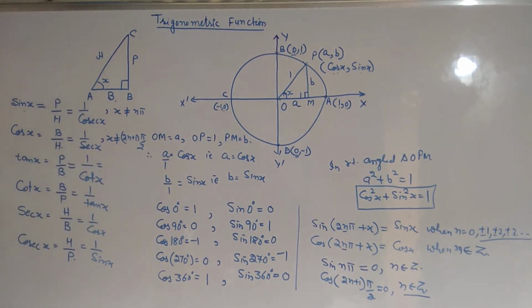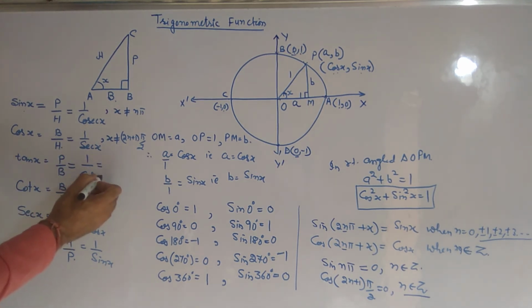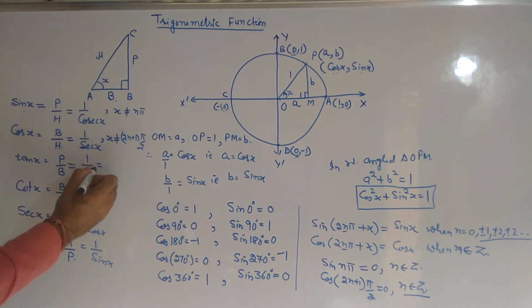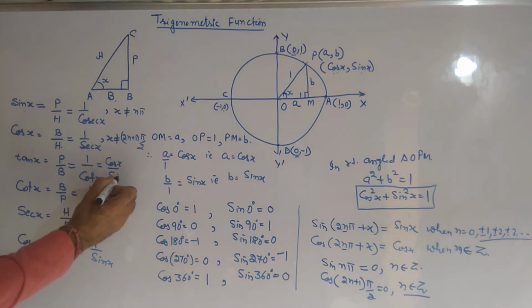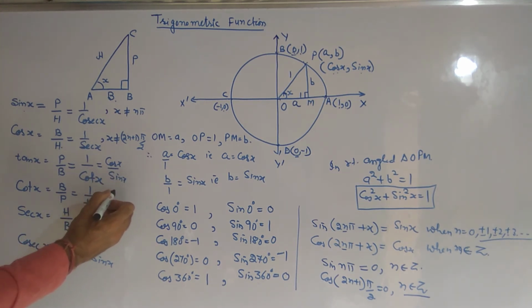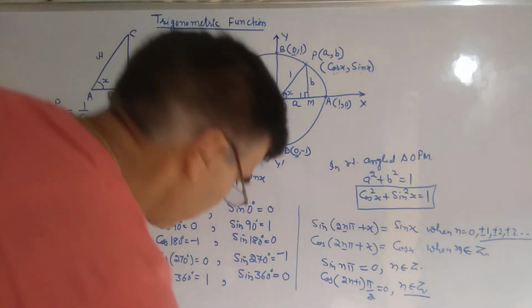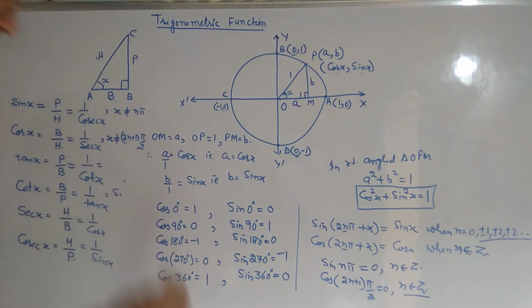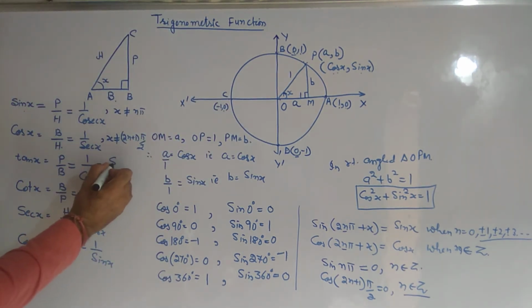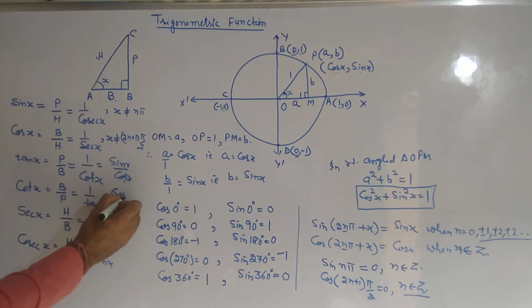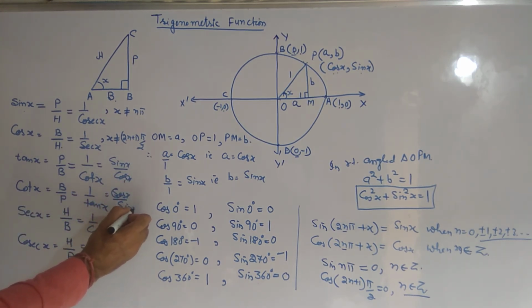And in tan x, tan x is sin x upon cos x, and cot x is cos x upon sin x.